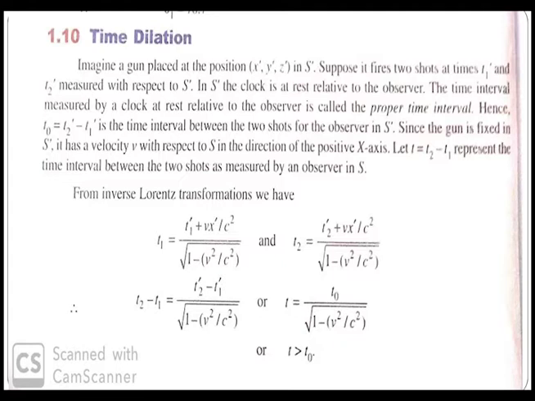He feels that along the direction of motion the length of the rod is contracted.